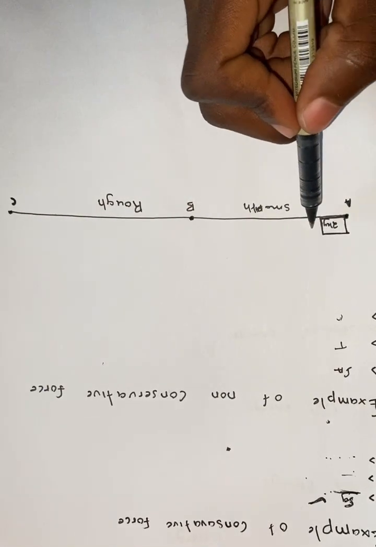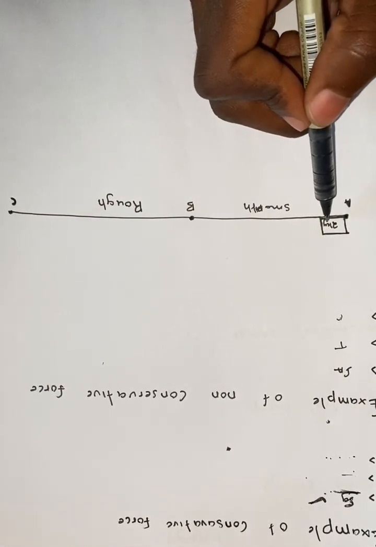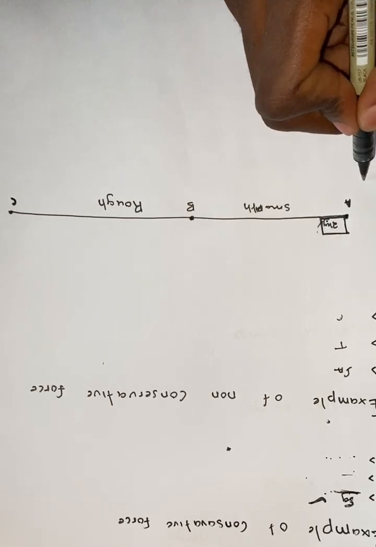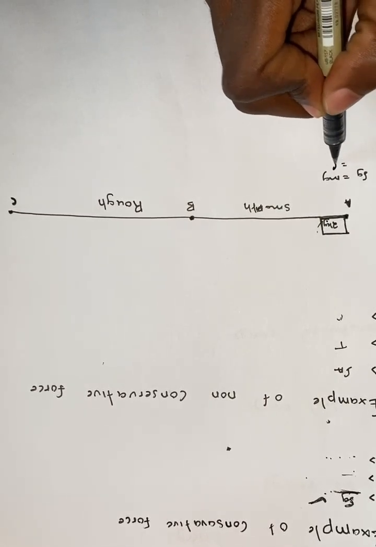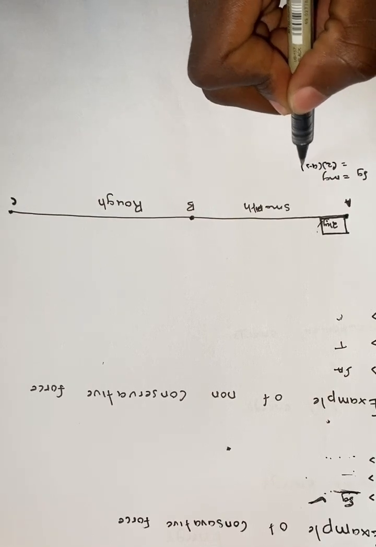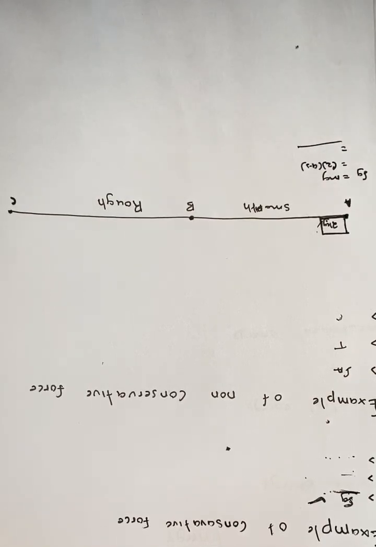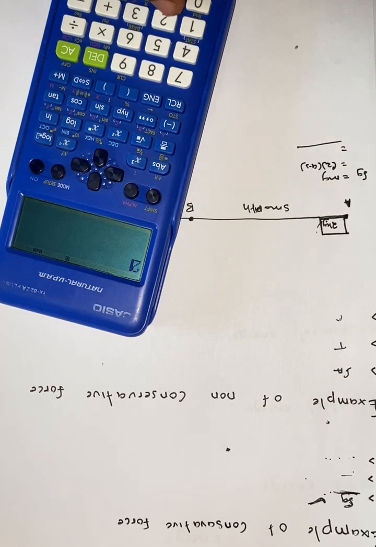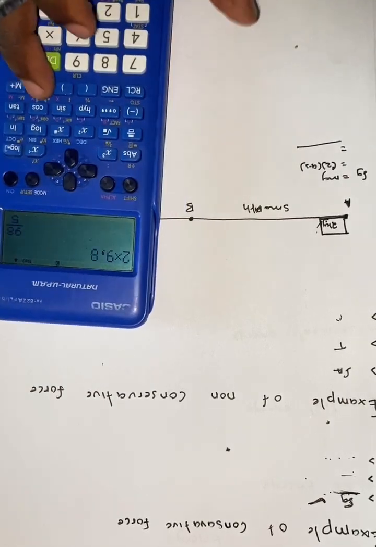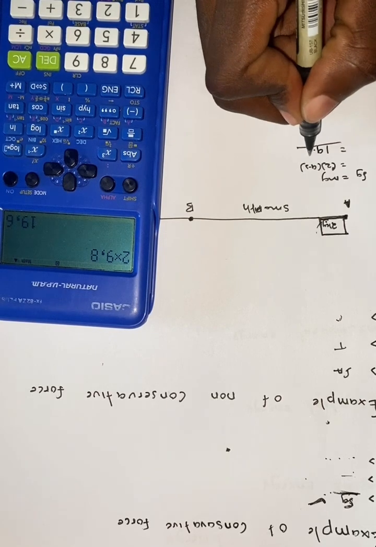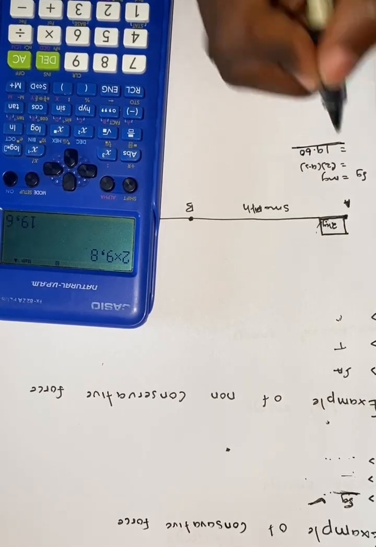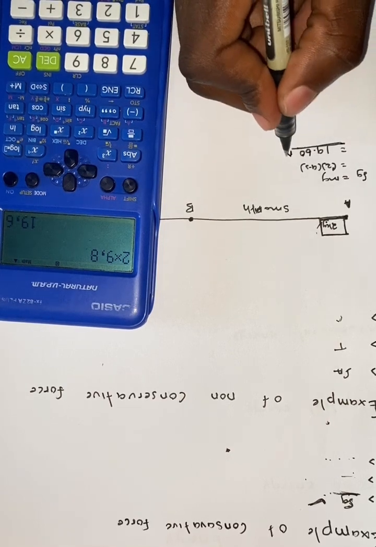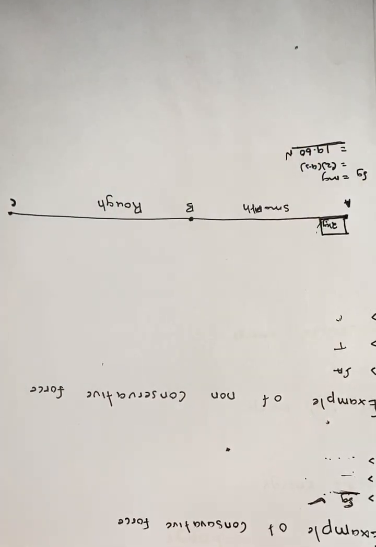Remember, let's say I calculate the Fg, or the weight, of this block. Fg, or weight, is equal to mg, which is 2 times 9.8, which gives us 19.60 newtons.